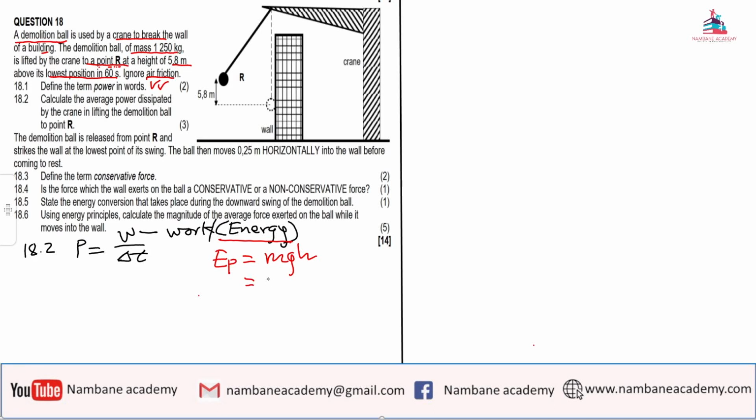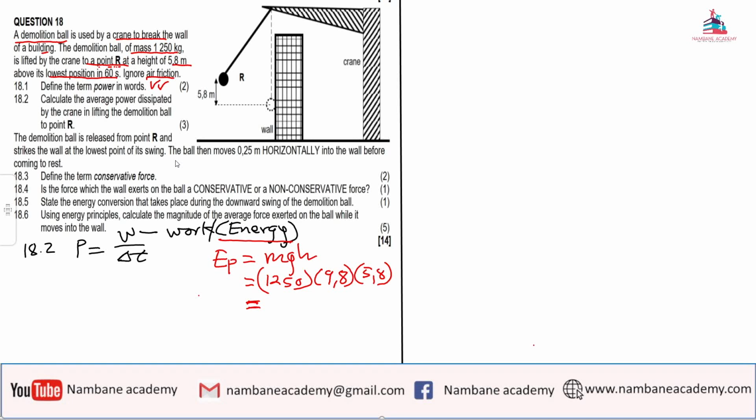That will be the mass, which is 1250, multiplied by 9.8, and we are given the height there as 5,8. Whatever answer we get here, we are going to move it to P is equal to W over t, because we do not have any work given somewhere.